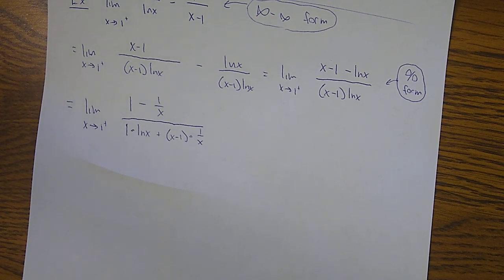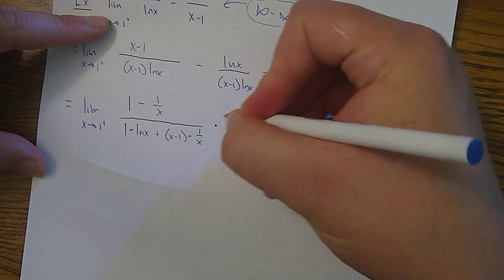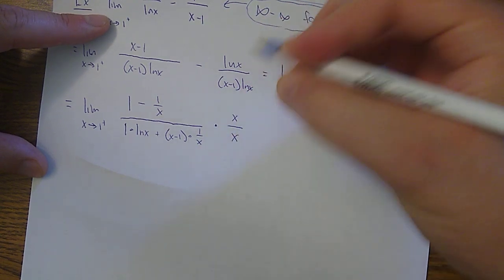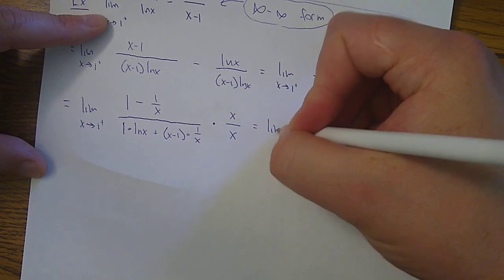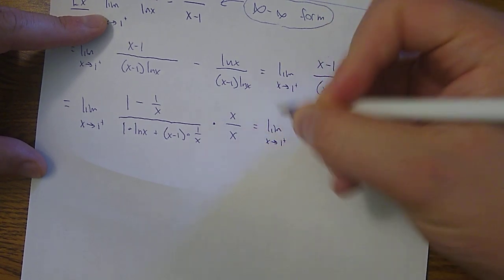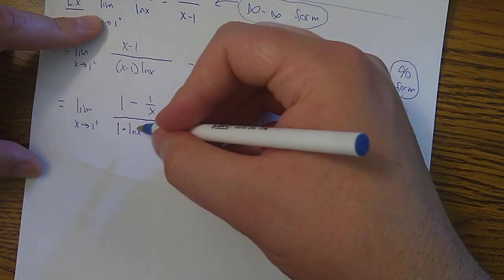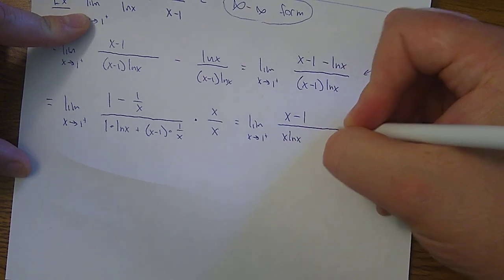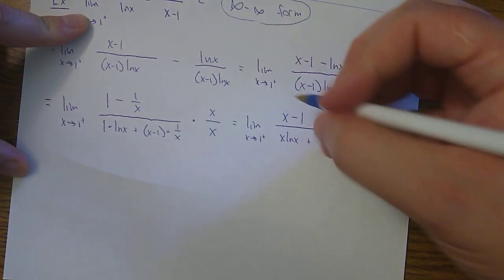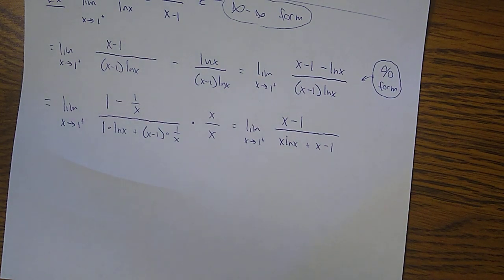Maybe let me try to clean this up. One thing I don't like about it is I have fractions inside of fractions. So maybe let me multiply the top and bottom by x just to kill the denominator here. So this is going to give me x minus 1 on the top, and on the bottom it's going to give me x ln x plus x minus 1, like that.